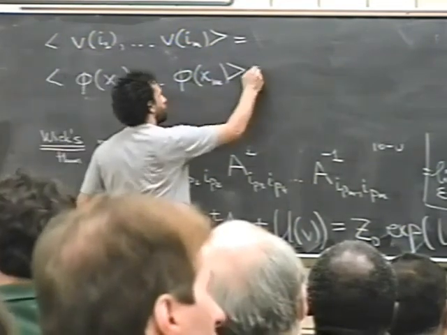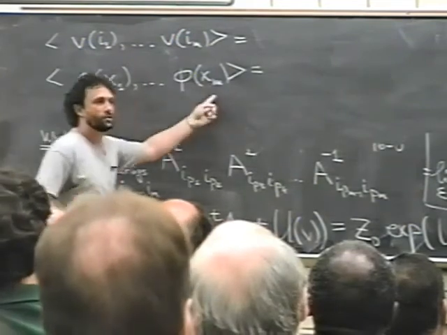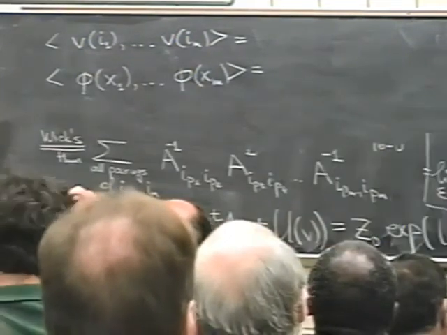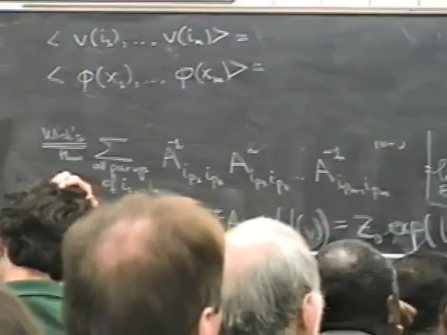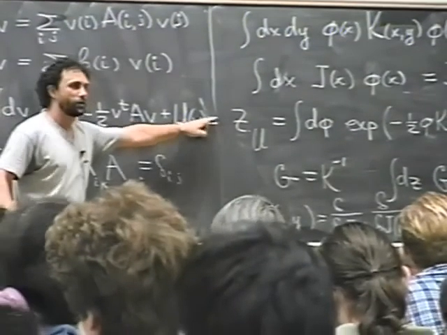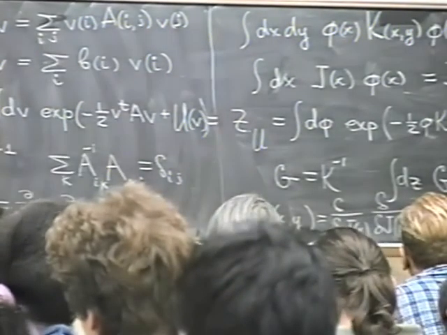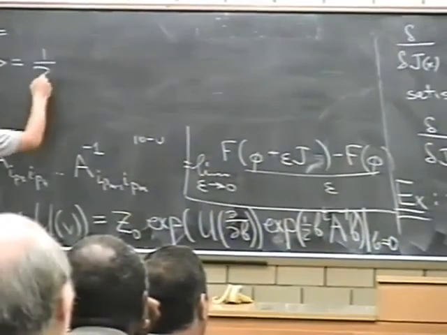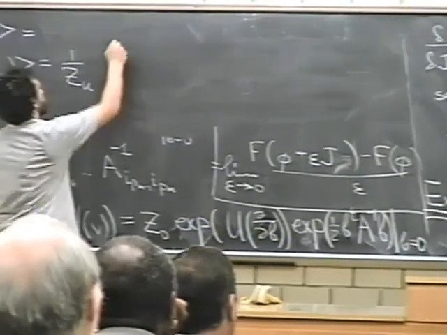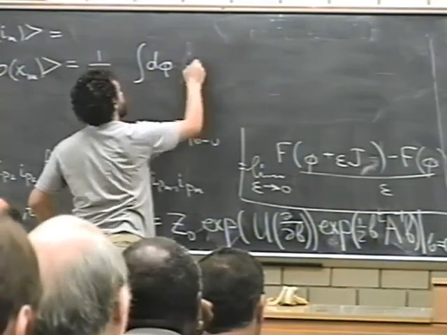And this will again mean plugging in the product of these functions under the integral. So it will be 1 over Z of u, the integral d phi of the exponent, times the product of these functions.